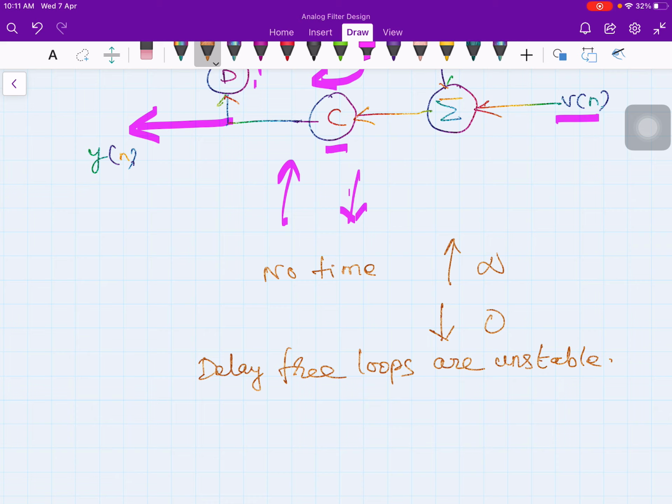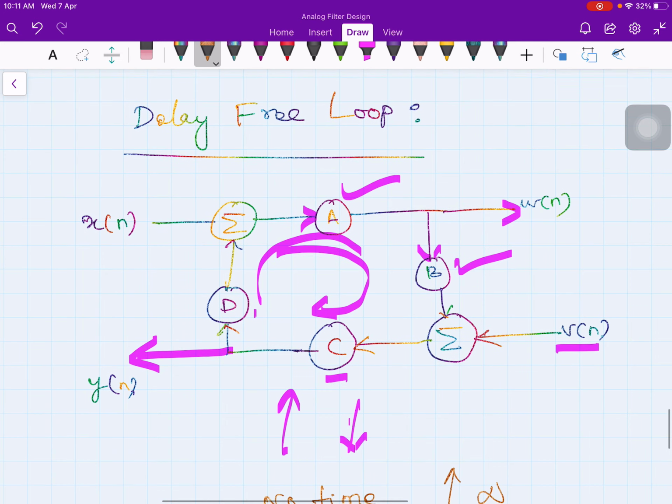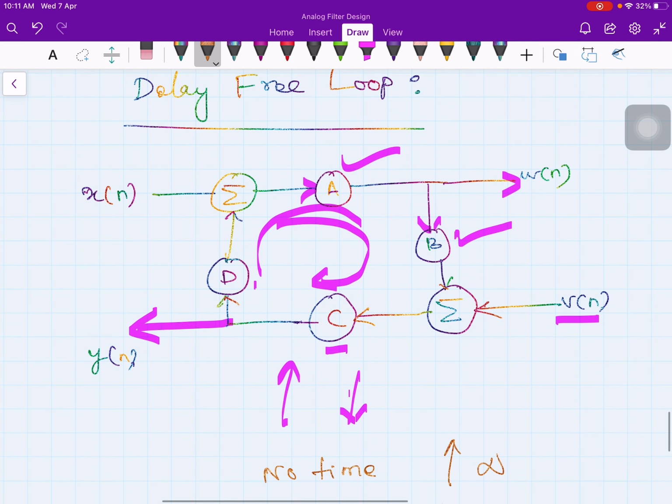So there must be a delay somewhere. Whenever you design your digital filters, and if by mistake such a delay free loop occurs in your realization, you can always avoid it by an equivalent structure. You draw the equivalent structure and then you can avoid it.